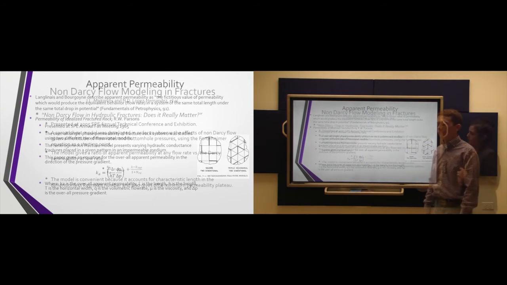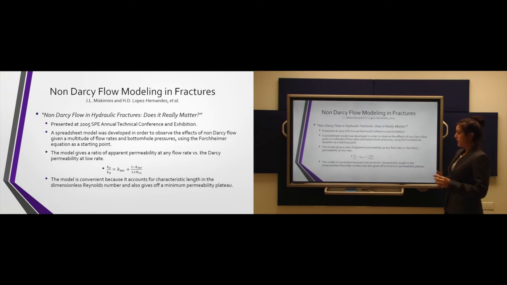So in 2005 at the SPE Annual Technical Conference and Exhibition, J.L. Miskimins and H.G. Lopez-Hernandez presented a model that shows non-Darcy flow effects within hydraulic fractures. The spreadsheet model was developed in Excel to observe the effects that non-Darcy flow takes on given different flow rates and bottom hole pressures.